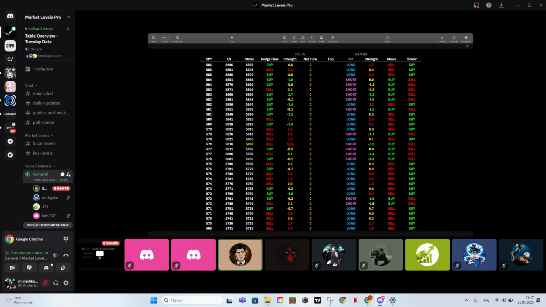If 5870 was long delta and a sell signal, and then you see in the below column, you've just got a ton of stacked selling there. Let me just move my mouse here so you can see it. See this right here, right? That to me is like a golden trapdoor, right?